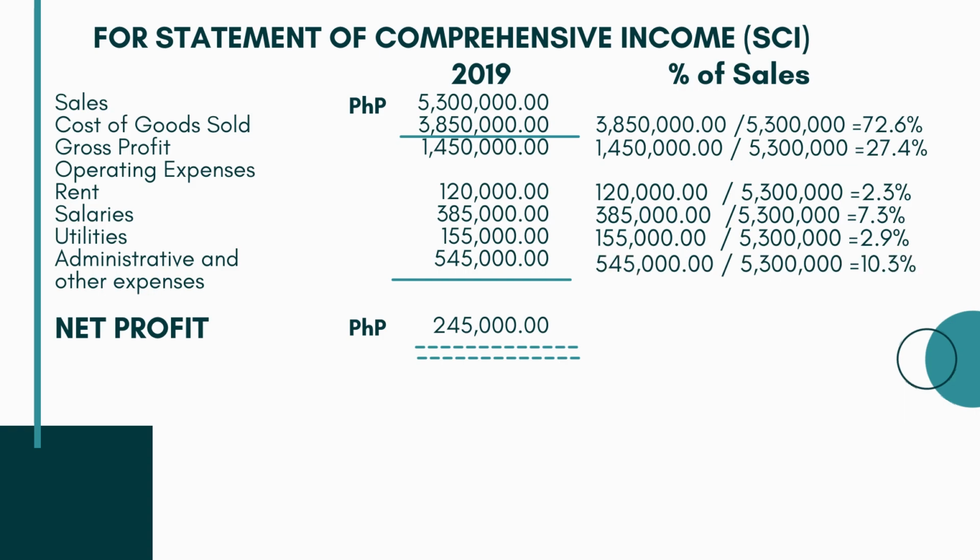In administrative and other expenses, 545,000 divided by 5,300,000 is equal to 0.10 times 100 is equal to 10.3%. In total of net profit, 245,000 divided by 5,300,000 is equal to 0.046 times 100 is equal to 4.6%.